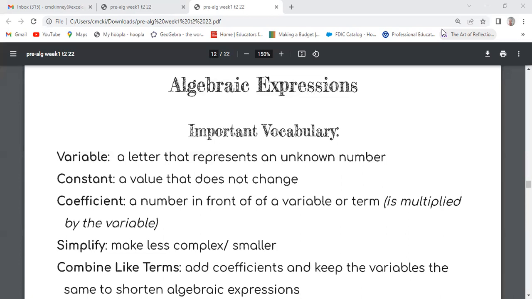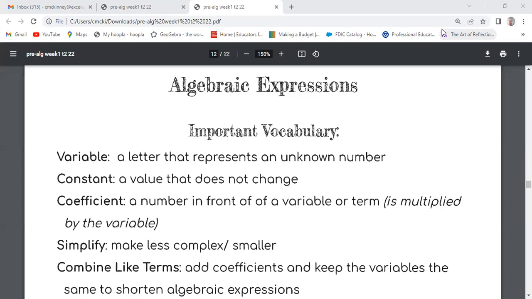One of the ways we're going to do that is by something called combining like terms. So we will combine the like terms. And to do that, we're going to be adding the coefficients, but keeping the variable the same to shorten algebraic expressions.